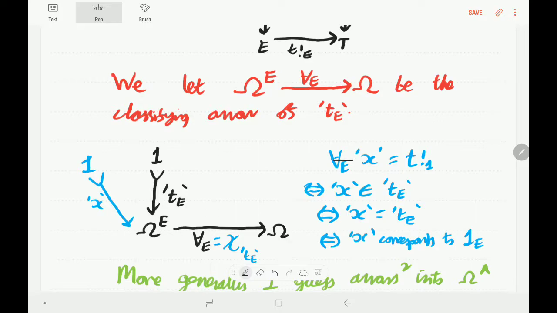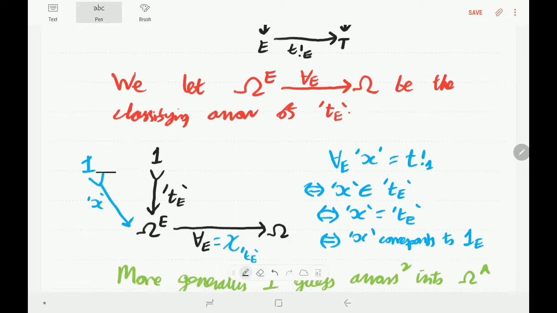Now here's the thing about this. Let's consider another point. So let's consider a subobject of E. Now we can represent that as an arrow from E to omega. Equivalently, we could represent it as a name of an arrow from E to omega.